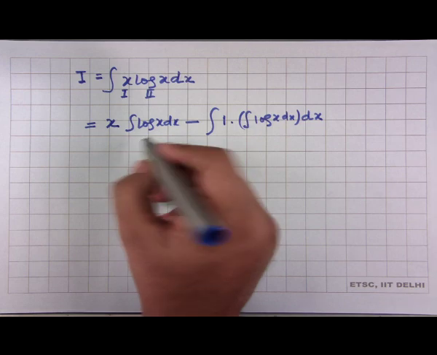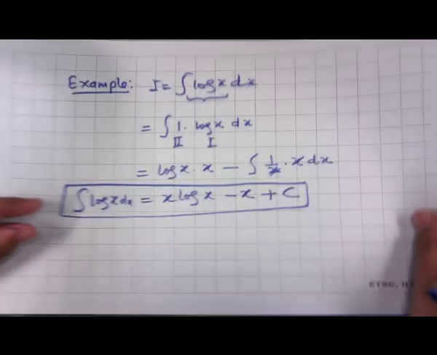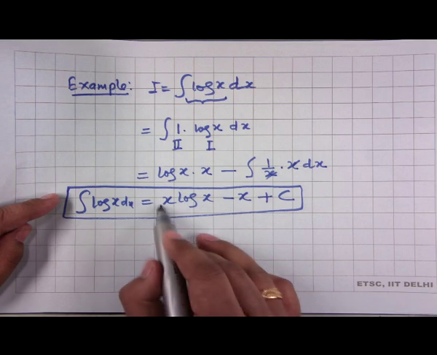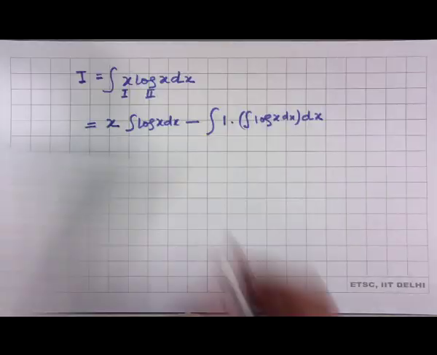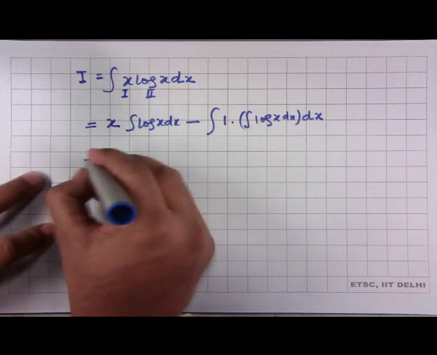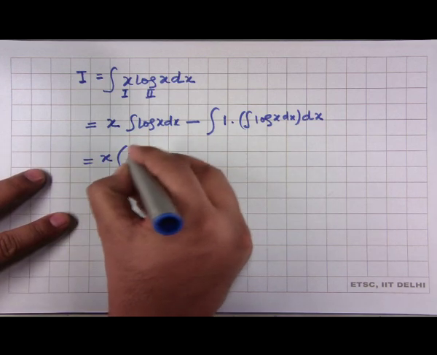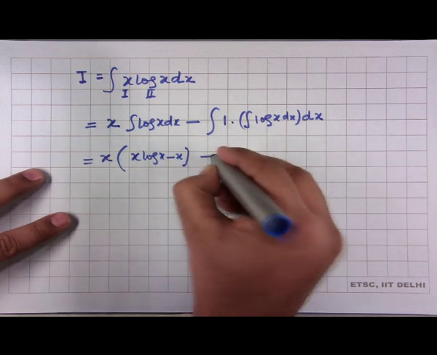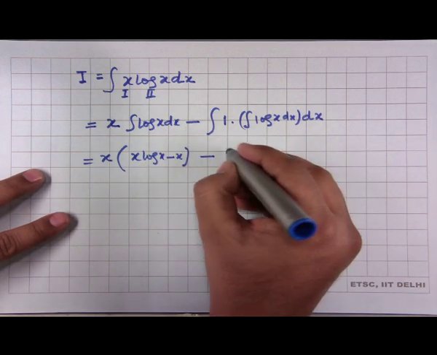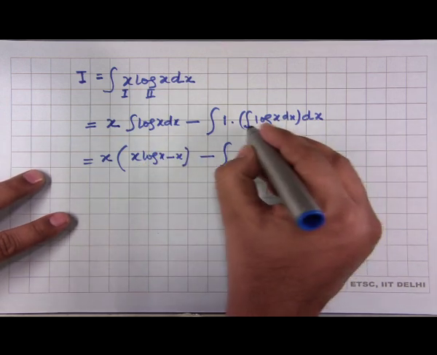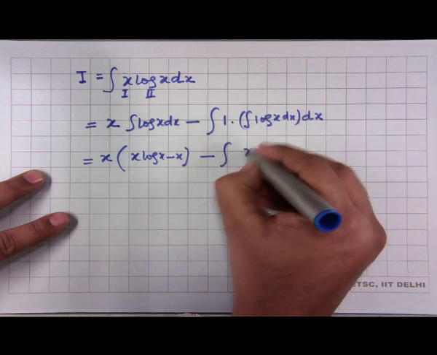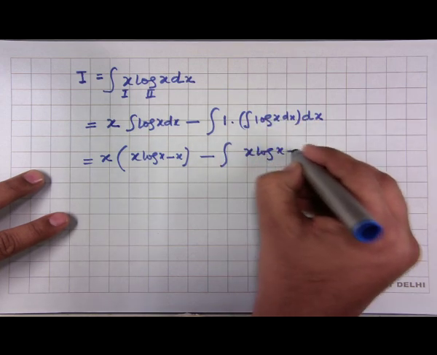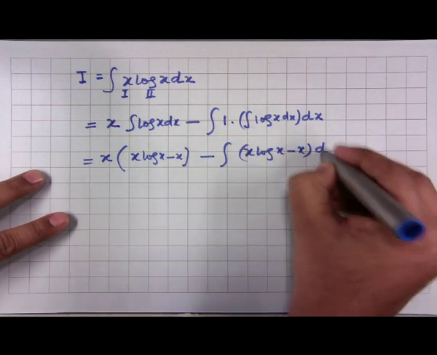Now I know the integration of log x is x log x minus x, so I can substitute this value here. So what I will get is x log x minus x; as I told you earlier, the constant we can ignore at this stage. The integration of log x is replaced by x log x minus x dx.